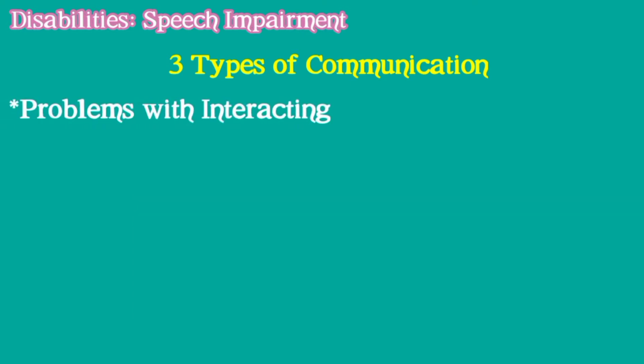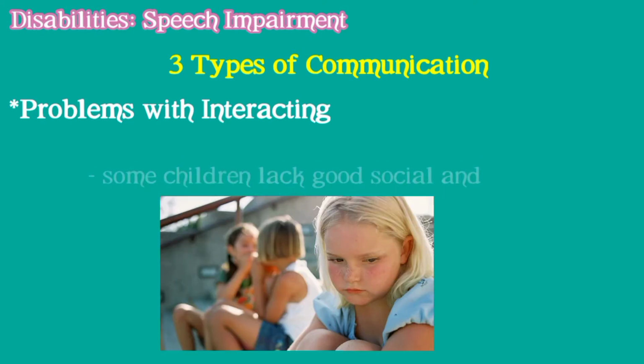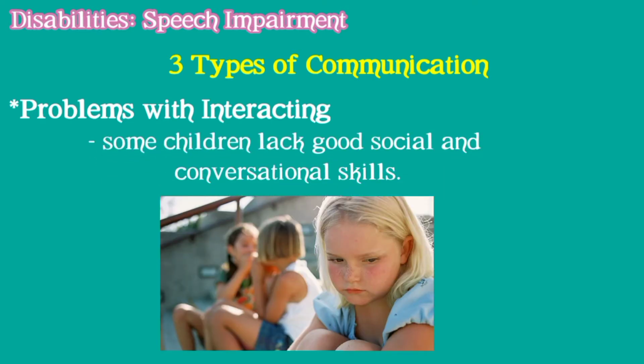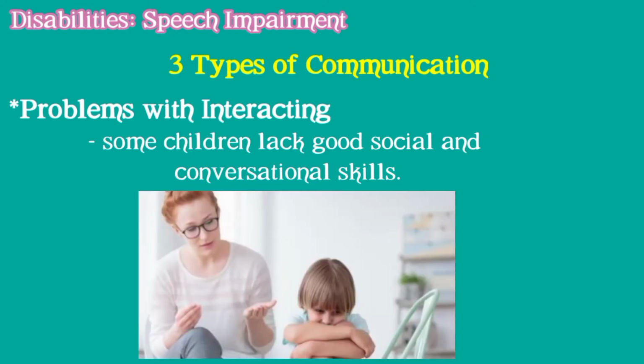Second is the problems with interacting. Some children lack good social and conversational skills. They don't know how to take turns when talking. They don't know how to begin or end a conversation, or they might not make eye contact or use appropriate body language. Some children also cannot pick up subtle expressions and emphasis in language.